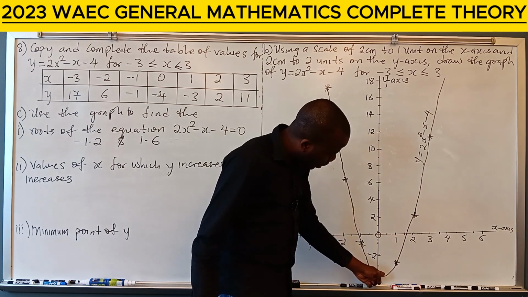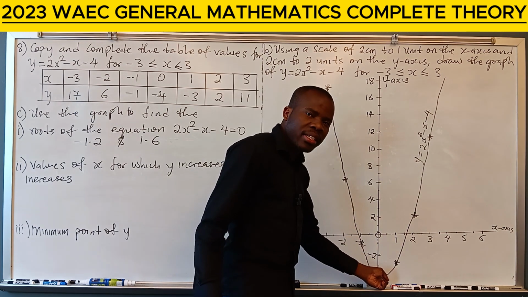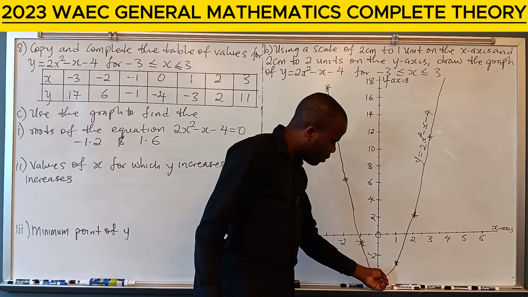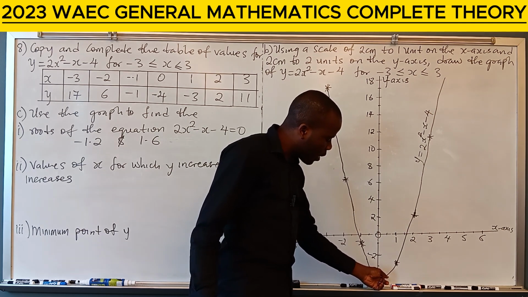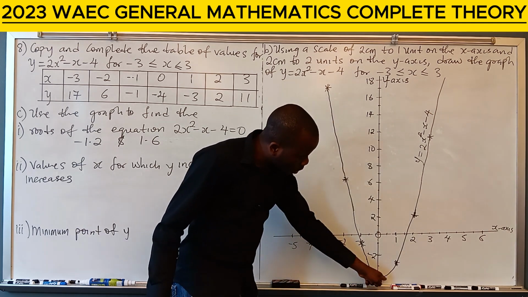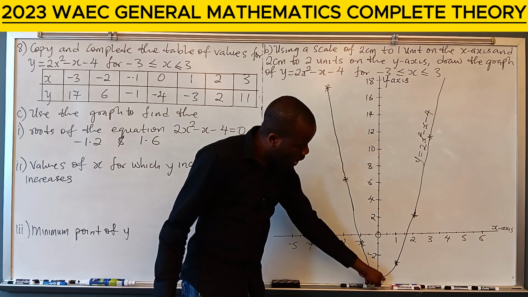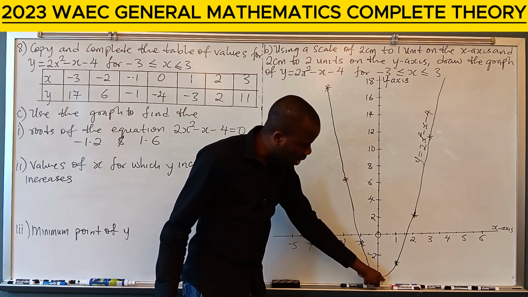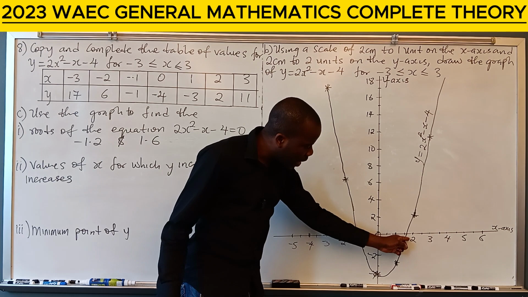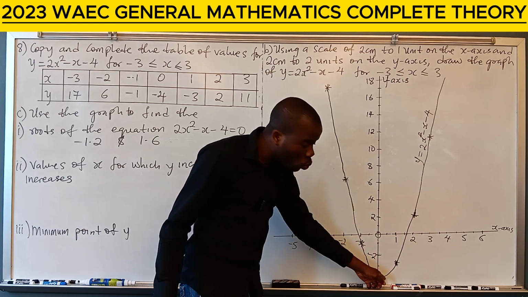So it is at the turning point, at the critical point here. We can use the line of symmetry to get it, that is adding the two roots and dividing by 2.